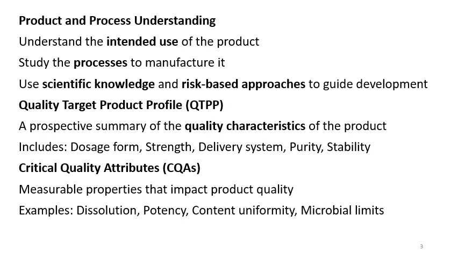Then defining the CQAs, these are the critical quality attributes. These critical quality attributes are required to meet the QTPP. CQAs are the measurable properties that impact the product quality. Examples of CQAs are assay, potency, dissolution, content uniformity, microbial limits, and limits for the impurities.